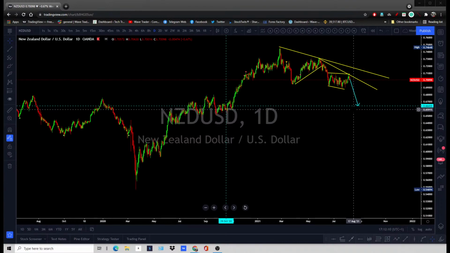The Fed is trying to be hawkish. The Bank of England is hawkish. And New Zealand, the Reserve Bank of New Zealand, is turning hawkish. Australia is still dovish, but in the next couple of months you're going to see them follow the Fed.